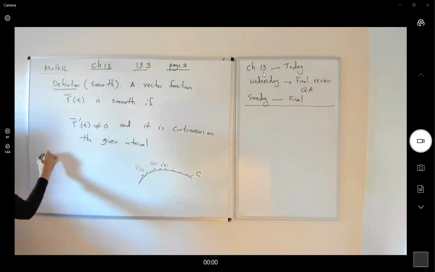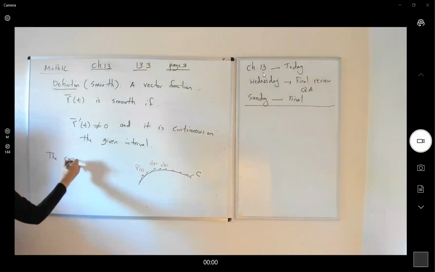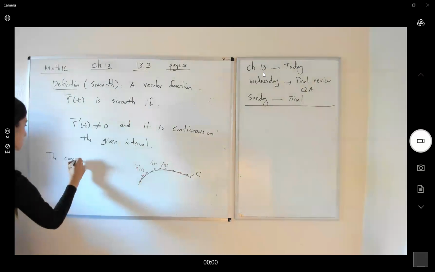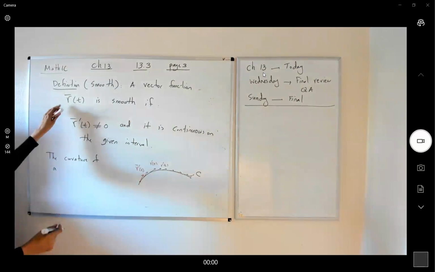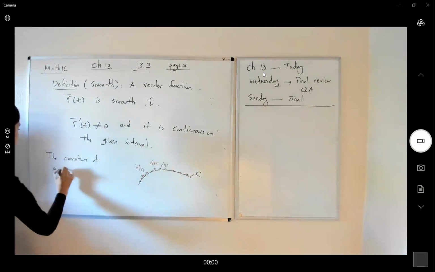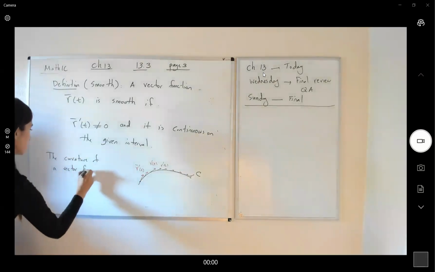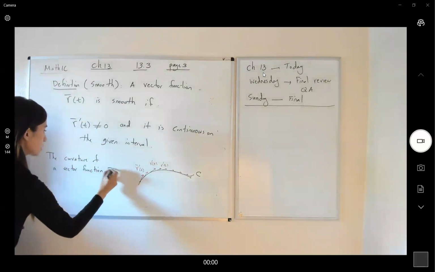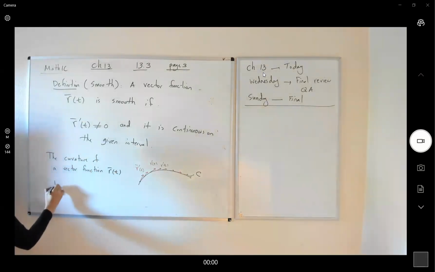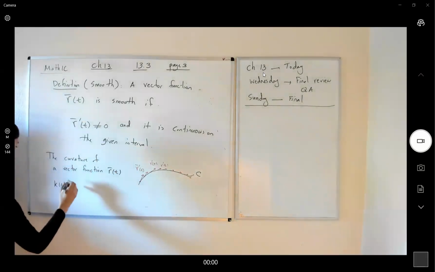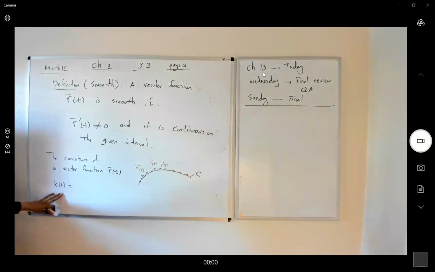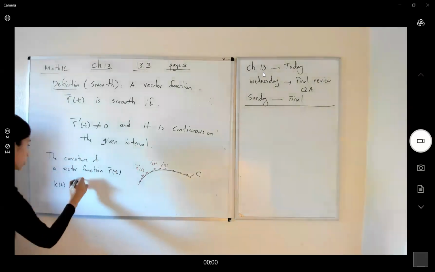And curvature is defined this way. Curvature of a vector function R is defined this way: K of t is equal to, so when you're talking about the curvature, you're actually talking about the magnitude.